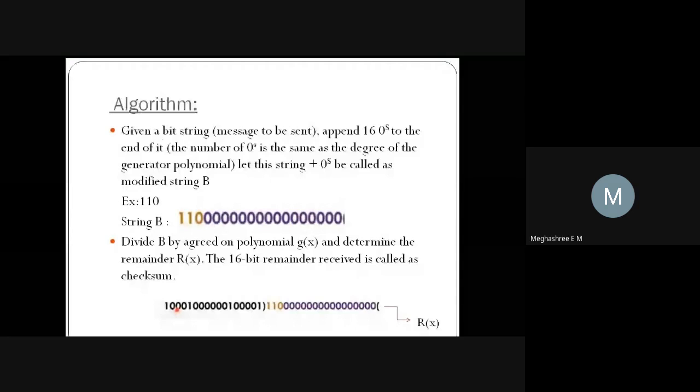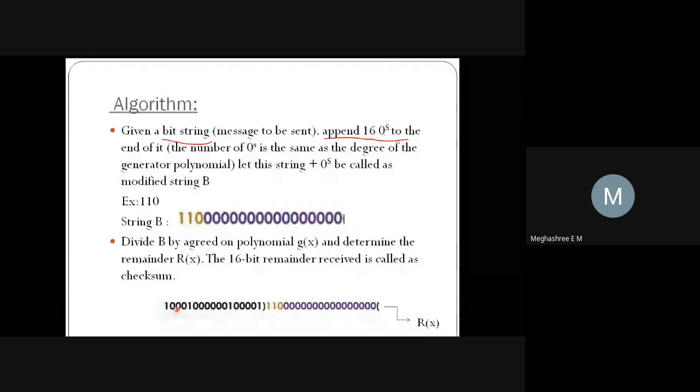I'm going to consider the data in the form of binary bits, and that is the message I want to send. According to the CRC algorithm, we have to append 16 zeros to this bit string. Why 16 zeros? Because of the generator polynomial they have mentioned in the question.